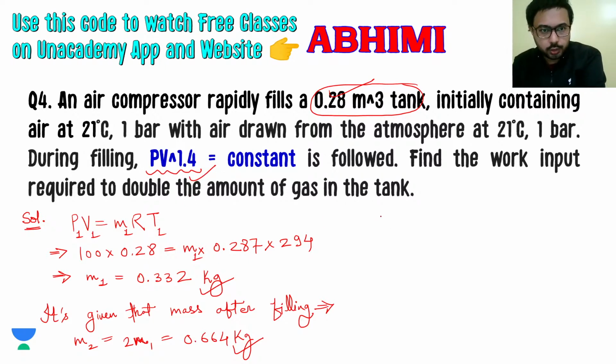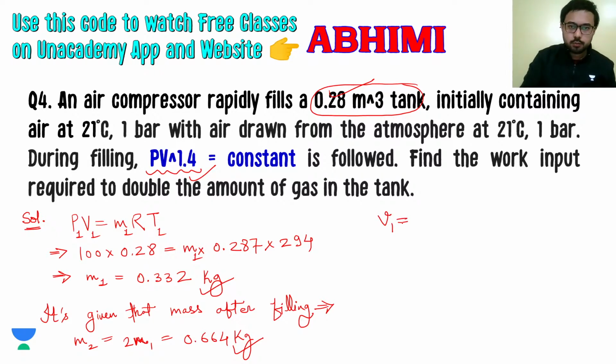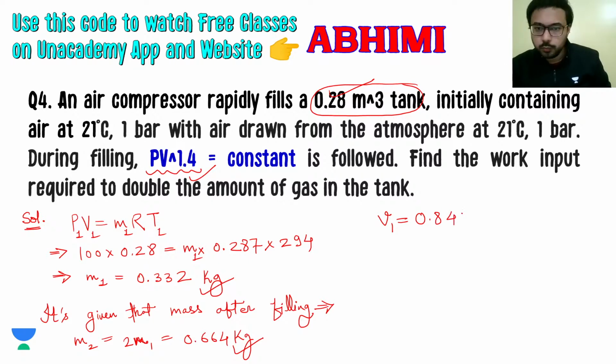So let's calculate all the things here. V1, the specific volume, will be 0.28 divided by the mass, which is 0.332. So it is coming out to be 0.843 meter cube per kg.